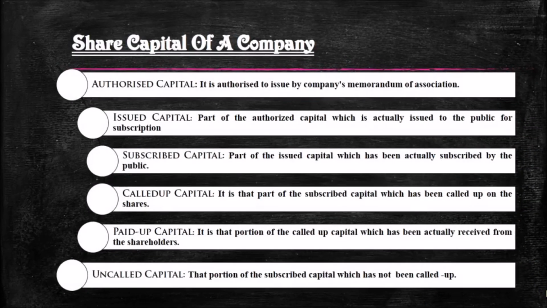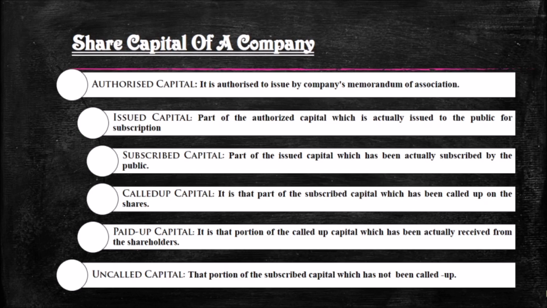This area is very important. The share capital of a company is classified into the following categories. One is authorized capital. There will be a certain amount at the time of registration of a company, which will be mentioned in the memorandum of association, an important document to be submitted to the registrar at the time of registration.